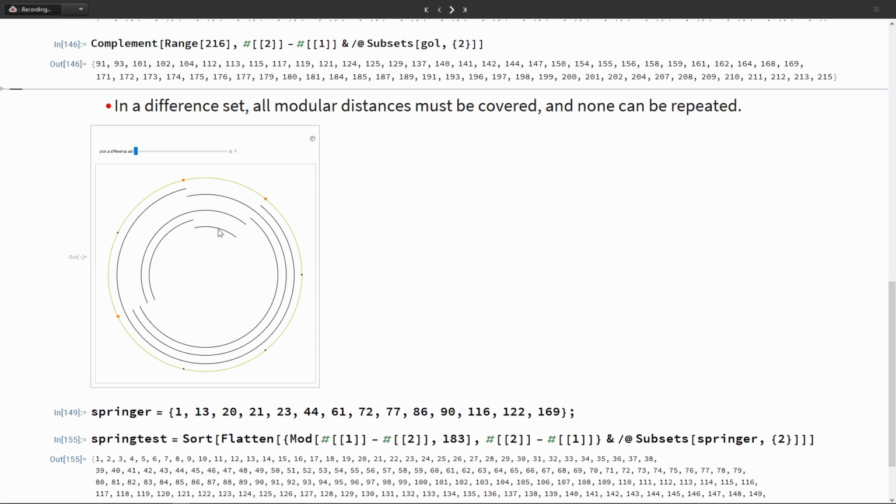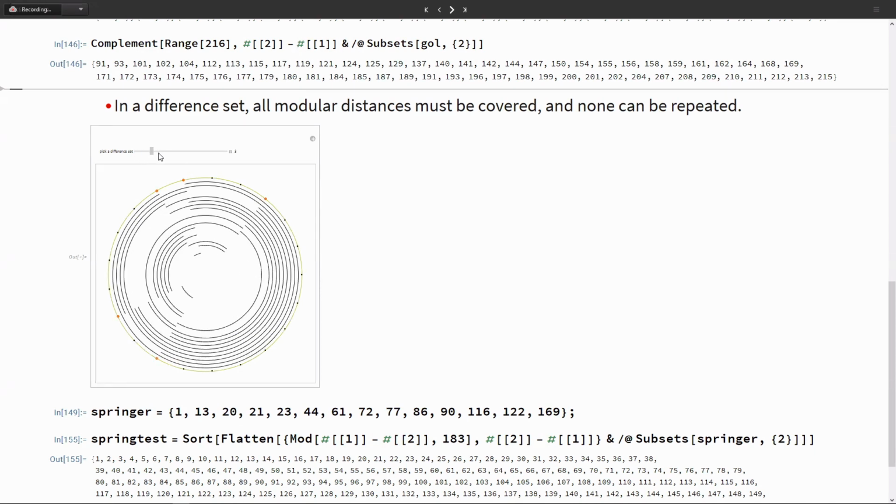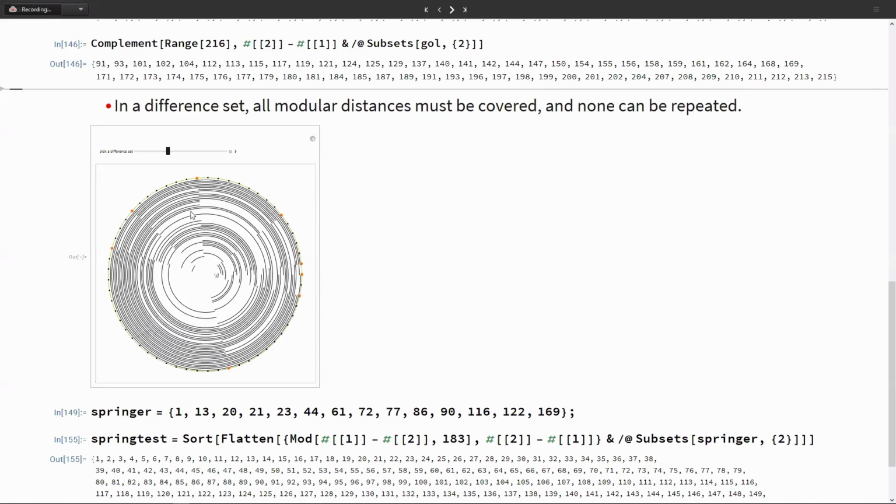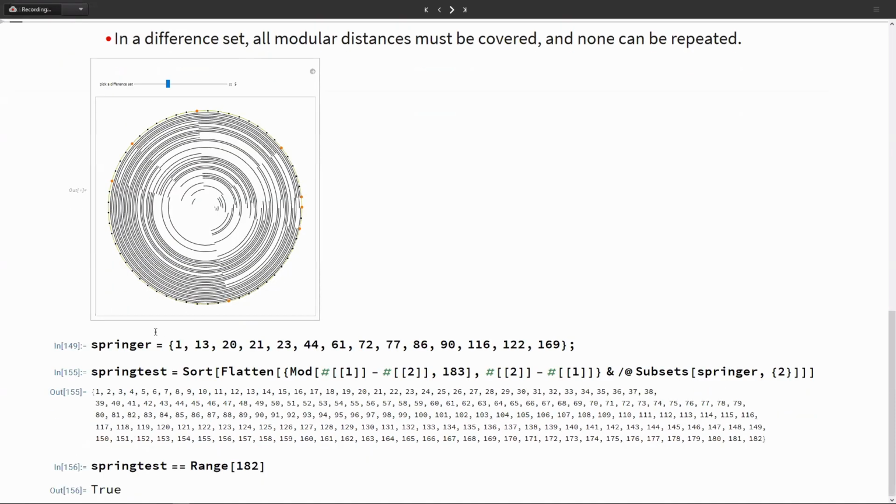From 0 to 1, you have this one arc. From 1 to 3, it's a difference of 2, but it's modular, so you could go either direction for your differences. There are difference sets known of various sizes. In this demonstration on difference sets, I give the arcs for every single possible set of modular differences. For example, this is a difference set Springer found, James Singer in 1938.